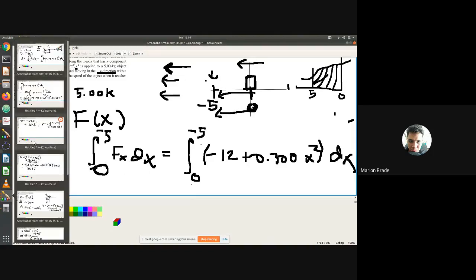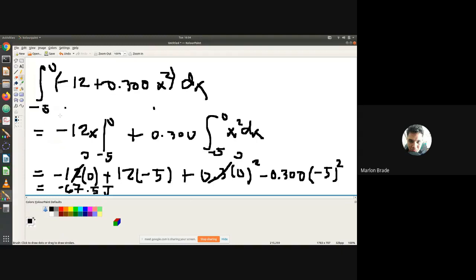Mabali lang to tanan itong ganina itong mag-solve. Then siya solve x, then siya from 0 to -5. So gibaliktad yung integral, and kinipod siya from 0 to -5.